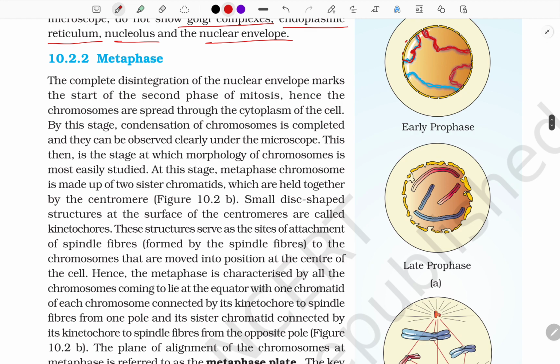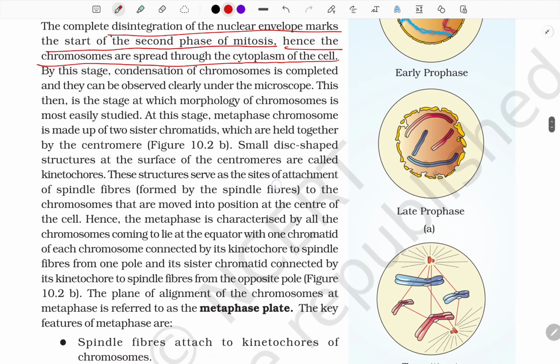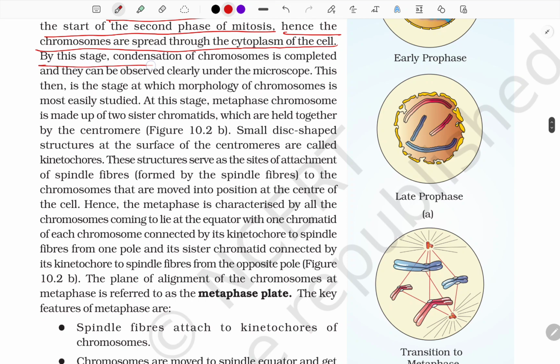The complete disintegration of the nuclear envelope marks the start of the second phase of mitosis. Hence, the chromosomes are spread through the cytoplasm of the cell. By this stage, the condensation of chromosomes is completed.